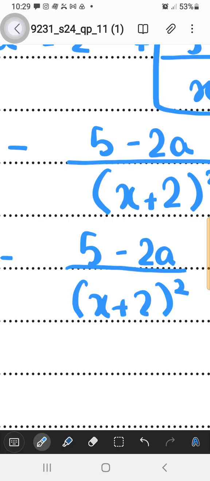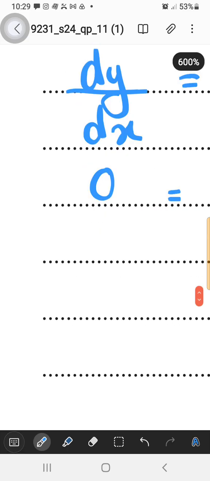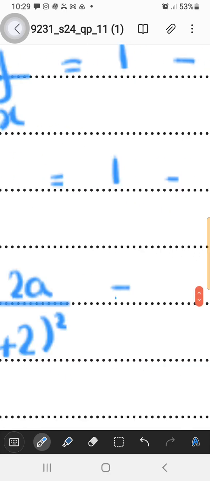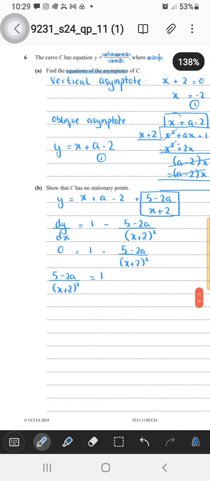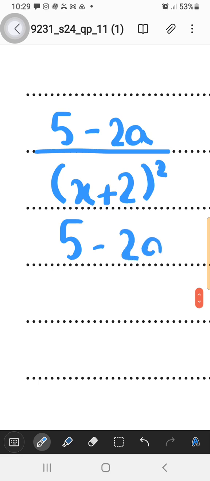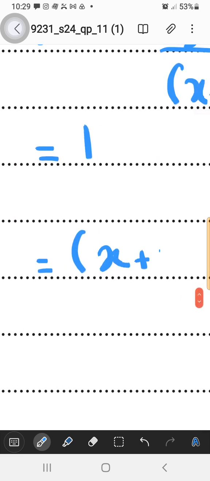Now I will write 5 minus 2a divided by x plus 2 whole square equal to 1. Now we will do 5 minus 2a equal to x plus 2 whole square.